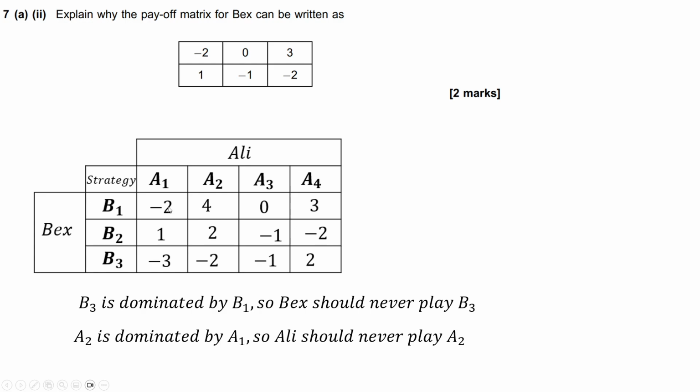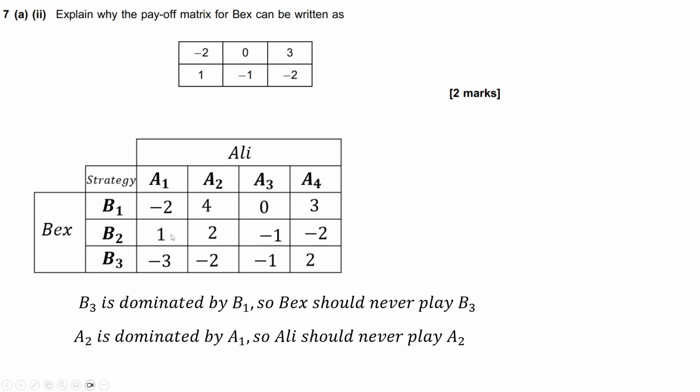And now Ali, what he wants to do is, if you're looking at Bex's perspective, Ali wants the most negatives, right? So he'd prefer to have -2 over 4 because -2 is a -2 for Bex, so a +2 for Ali. If this was a 4 here, that's the -4 for Ali, not a +4 for him. So he'd actually prefer to have the -2 over the 4.